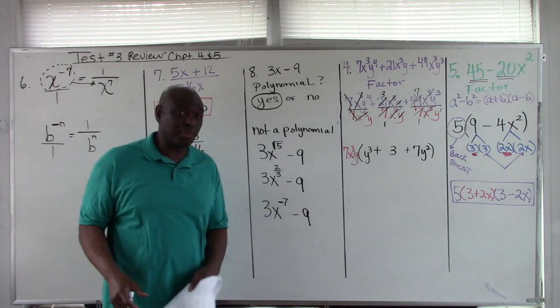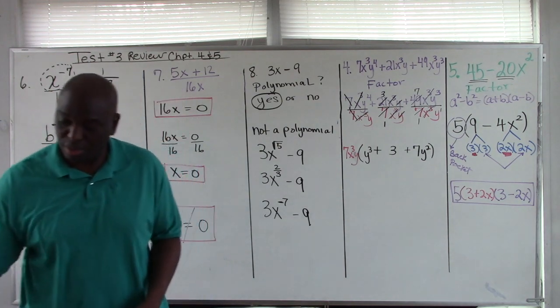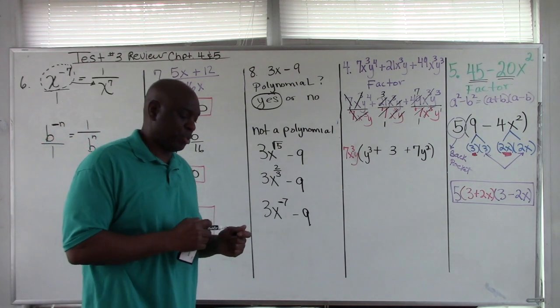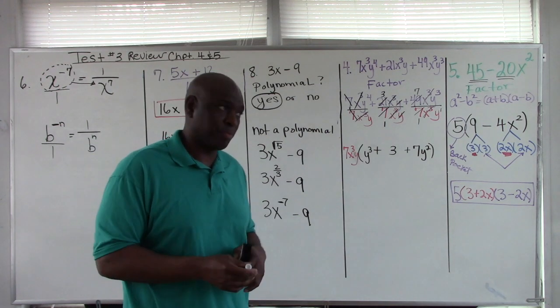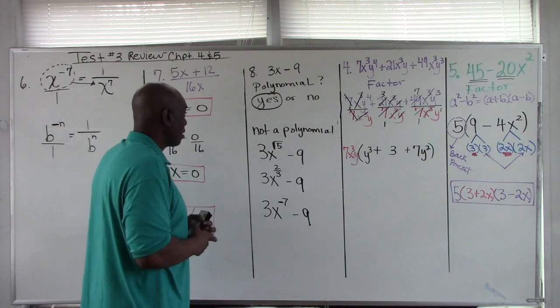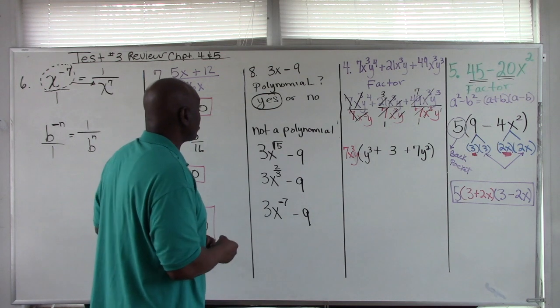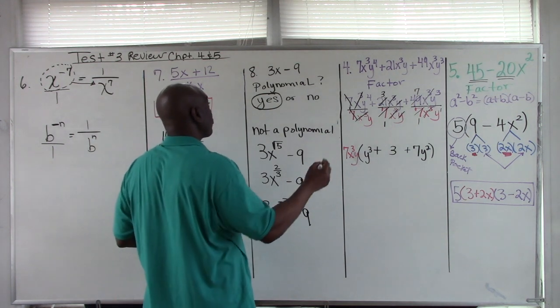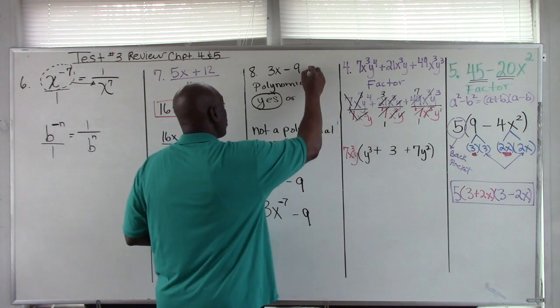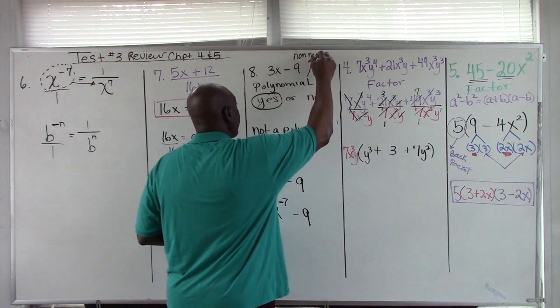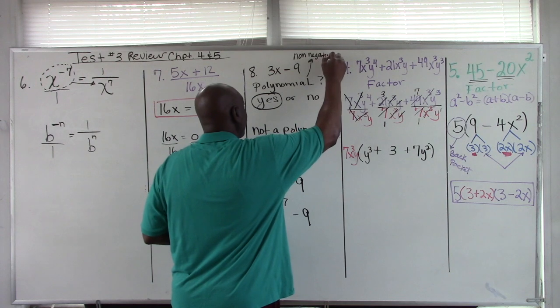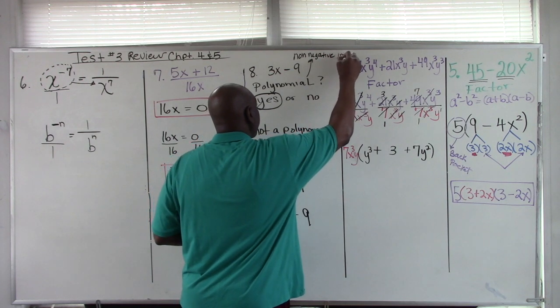These are 3 examples that are not polynomials, because in order to be a polynomial, your power has to be a non-negative integer.